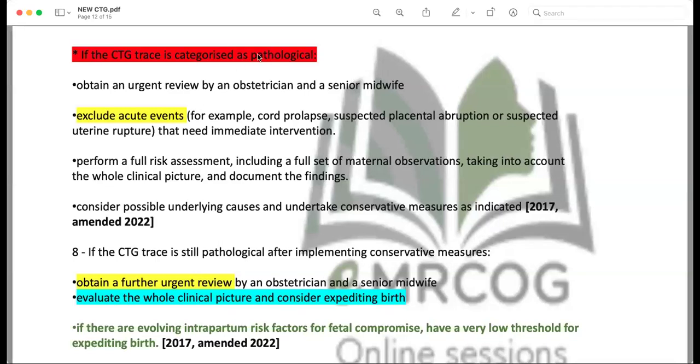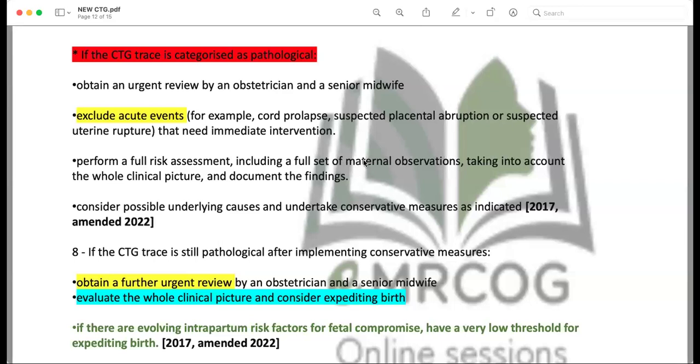This is what the guidelines say for the CTG trace as pathological. Obtain urgent review, exclude acute event. So this should be the one. For example, cord prolapse, suspected placental abruption, or suspected uterine rupture that need immediate intervention. Perform a full risk assessment.